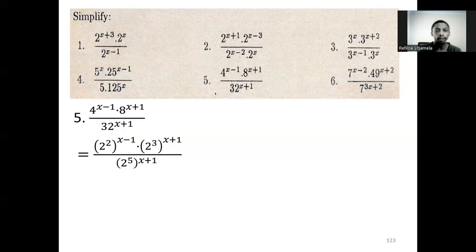You will end up having this. In the numerator, you've got two bases that are the same and you're multiplying them, so write them as a single base and add the exponents. 2x plus 3x will give you 5x, minus 2 plus 3 will give you 1.